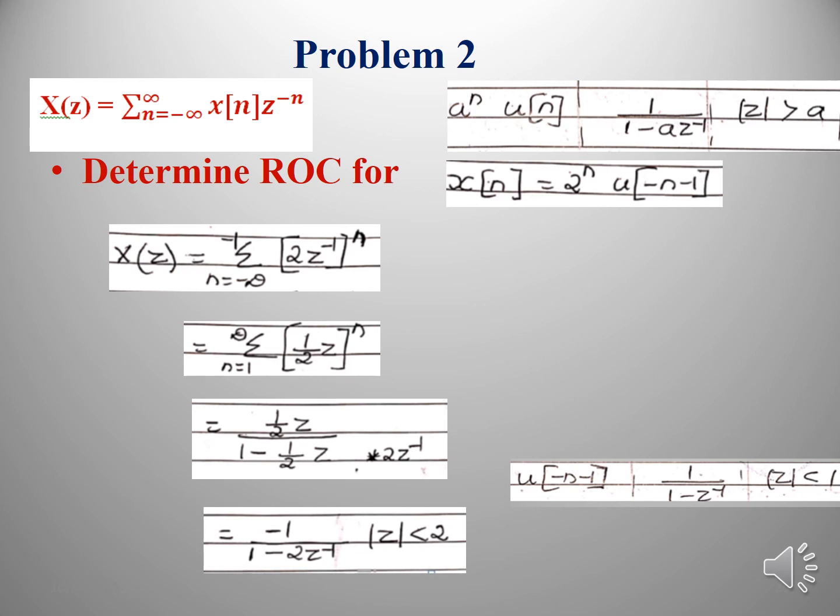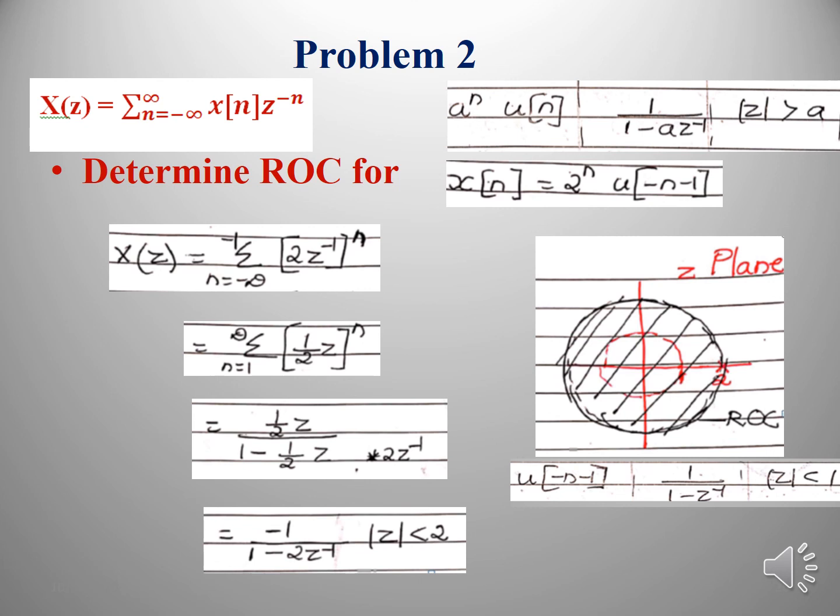Since it is a left-sided sequence, we need to identify the pole which is lying at 2, and all points inside the circle till z equal to 0 would be the region of convergence.